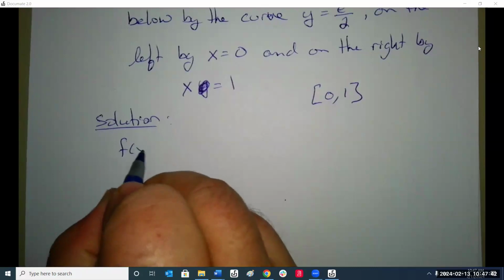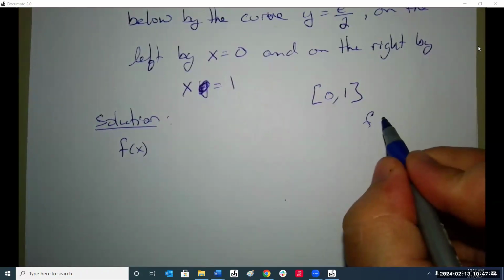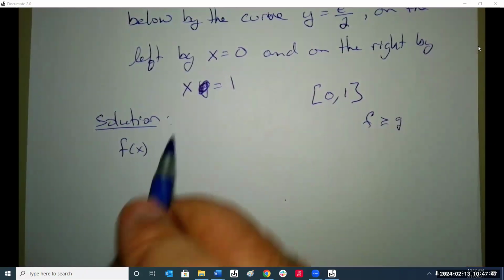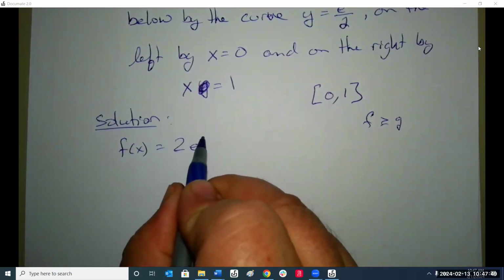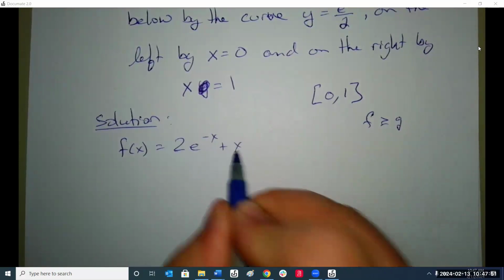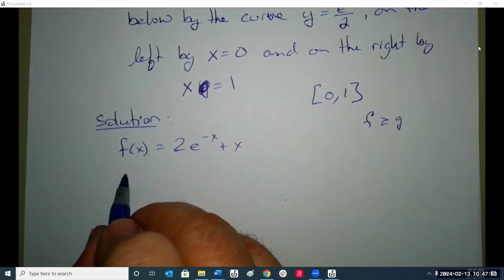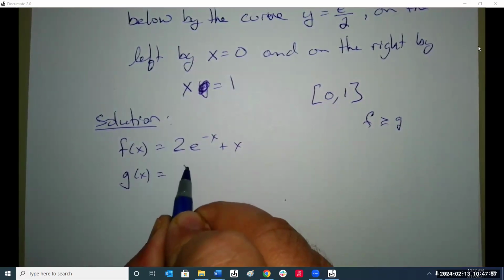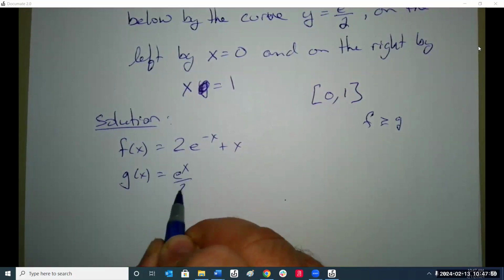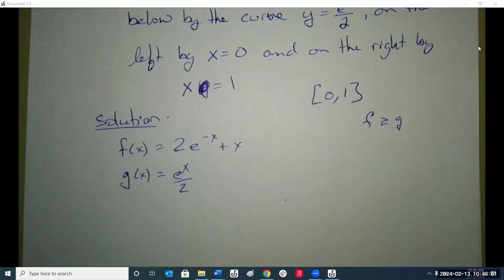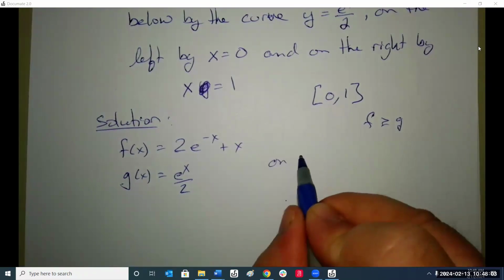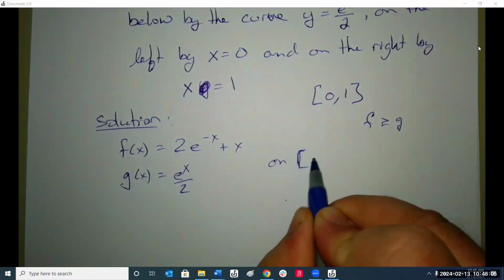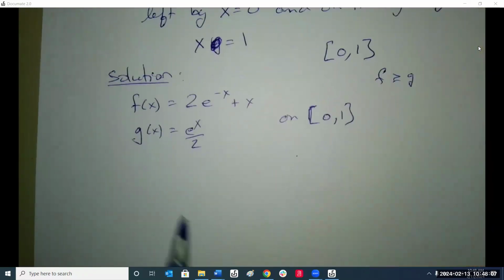So we know our upper bound. Remember, we're supposed to have f of x greater than or equal to g of x. Our upper bound is 2e to the negative x plus x. Our lower function is e to the x over 2 on 0 to 1.